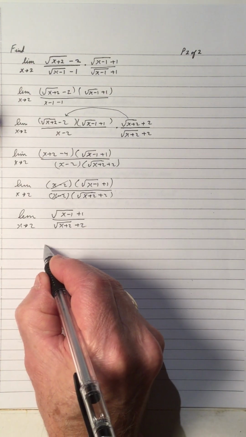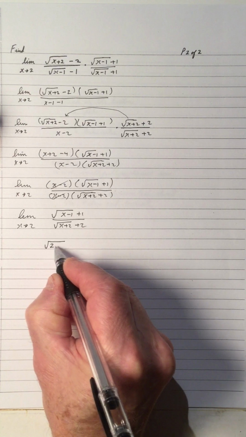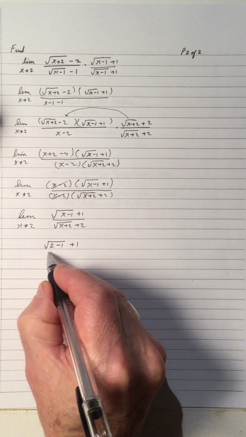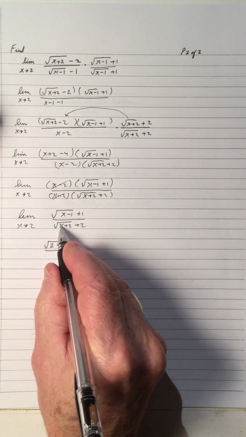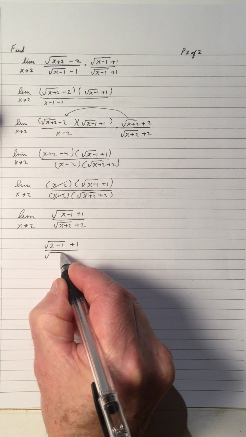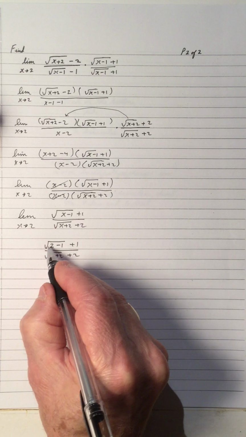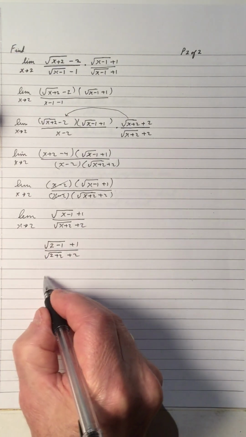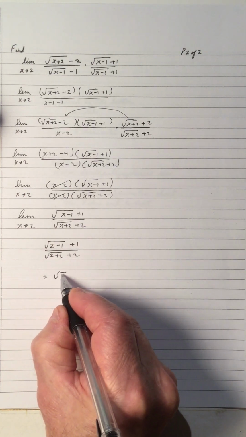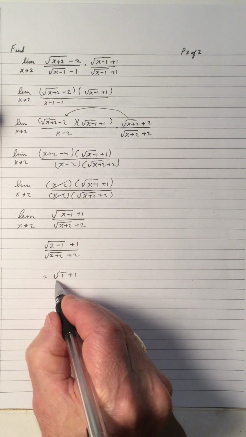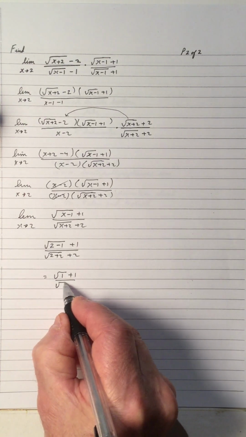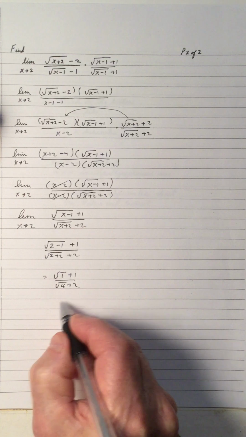So we get the root of 2 minus 1 plus 1 over the root of 2 plus 2 plus 2. I put 2 right here, and I put 2 right here. Now I work that out: that's the root of 1 plus 1, and this is the root of 4 plus 2.